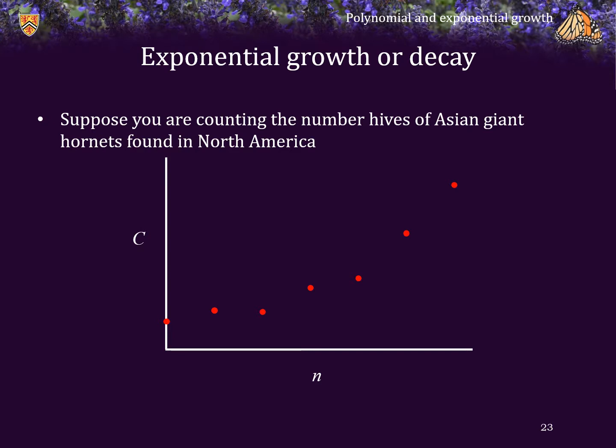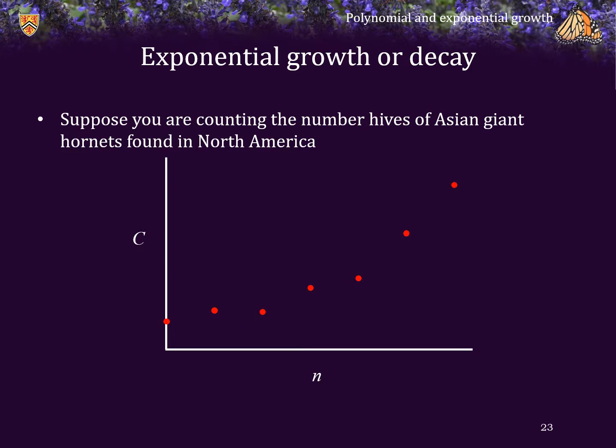Now, fortunately, this isn't happening yet, but suppose that each year you and a bunch of your colleagues were going out and counting the number of hives found of the Asian giant hornet in North America.